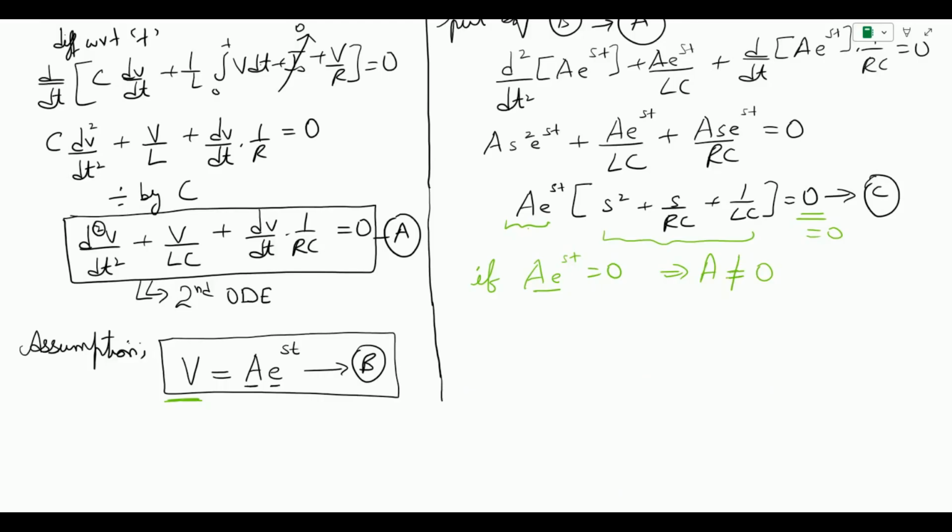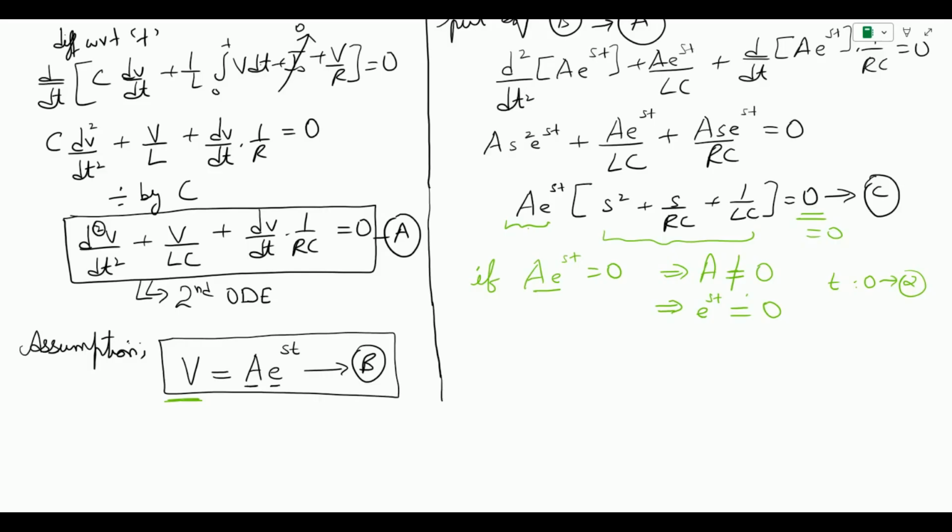Now what about the exponential e raised to the power s t, whether it is equal to 0 or not? We can see that the power of the exponential relies on the value of time, and the time is going to vary from 0 to infinity. The only case when the exponential becomes equal to 0 is when we take time equal to infinity. Other than that, we are not going to have a value of exponential equal to 0.